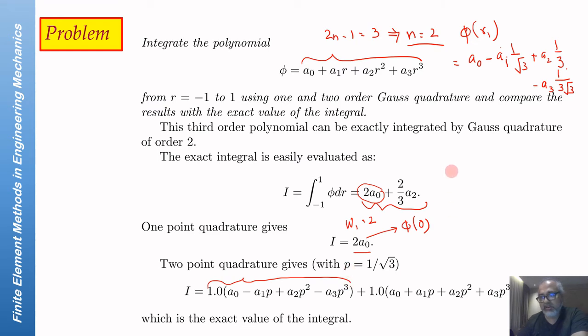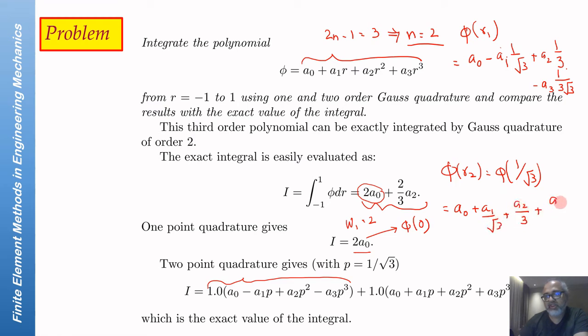For the second, you have to do phi r2, which is phi at 1 by root 3, equal to a0 plus a1 by root 3 plus a2 by 3 plus a3 by 3 root 3. That's given here. So if you add them, you get the exact value of the integral, as we of course expect for n equal to 2. The third order integral should be exactly evaluated.